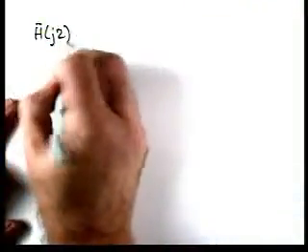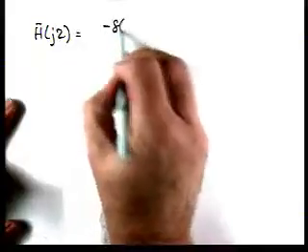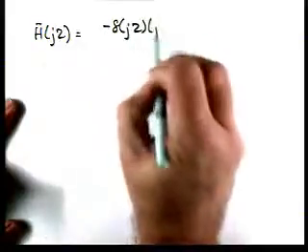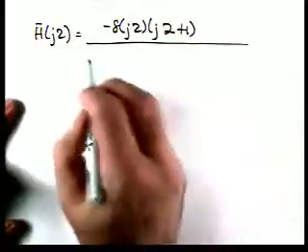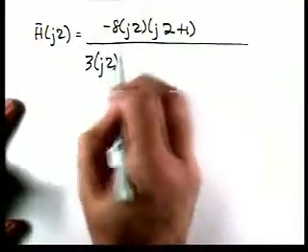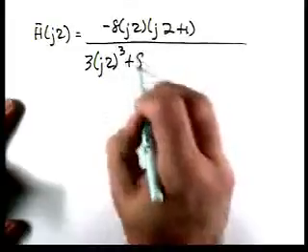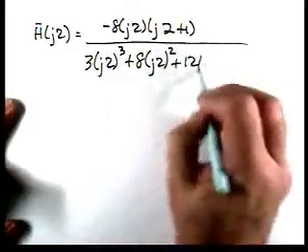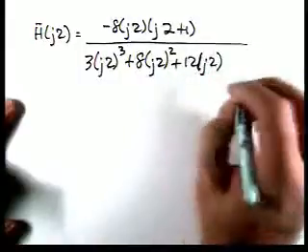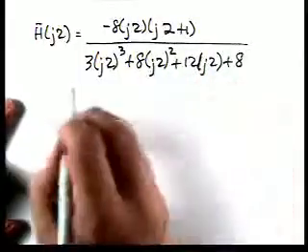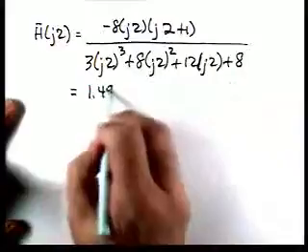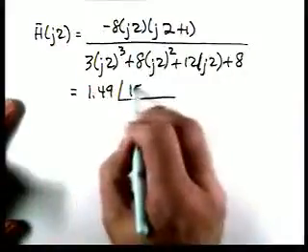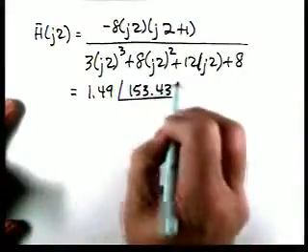So H of j2 then is minus 8 times j2 plus 1 over 3 times j2 cubed plus 8 times j2 squared plus 12 times j2 plus 8, and that's 1.49 at an angle of 153.43.